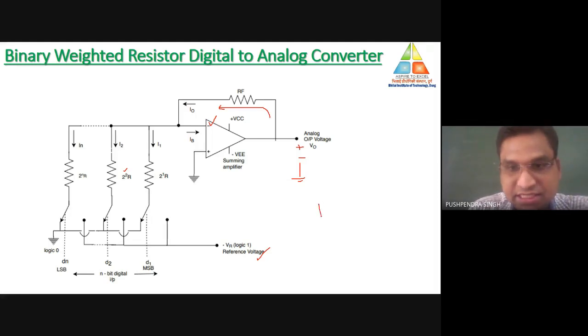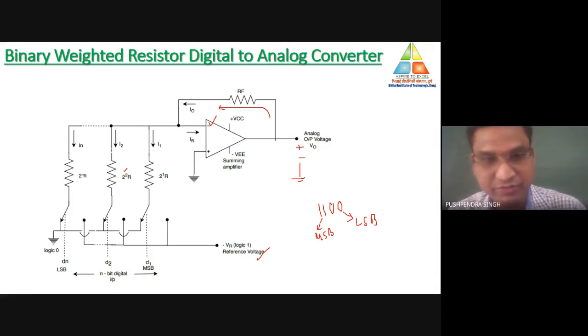Digital bits means 1, 1, 0, 0, like this. Which particular bit will be LSB and which will be MSB? I think that is clear. The right hand side bit is called the LSB and the very left side bit is called the MSB.